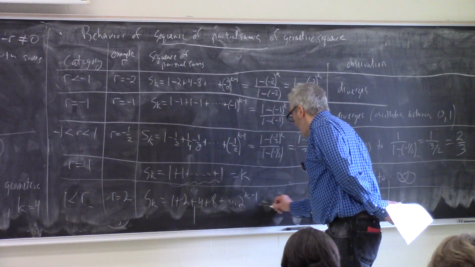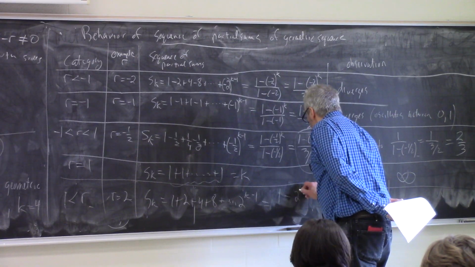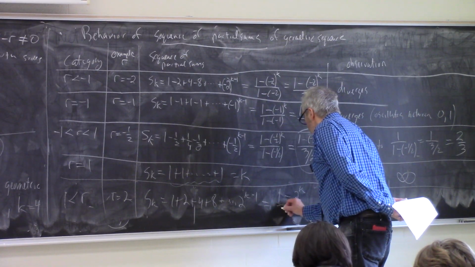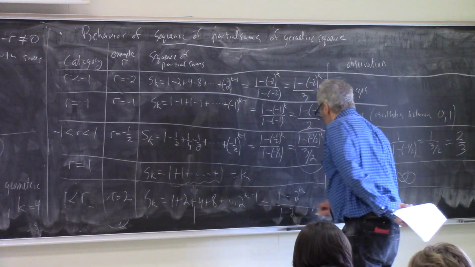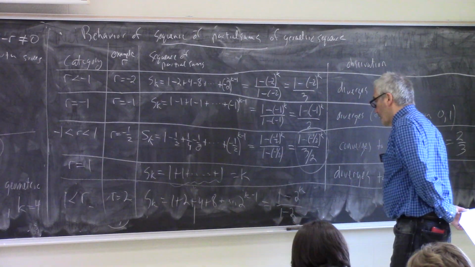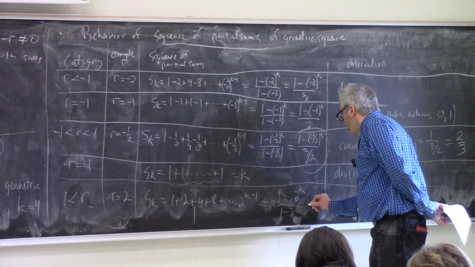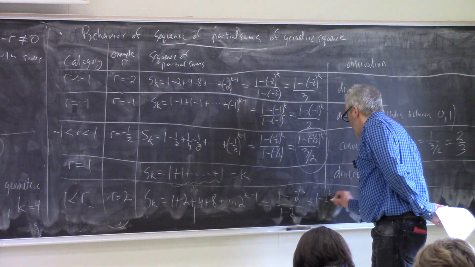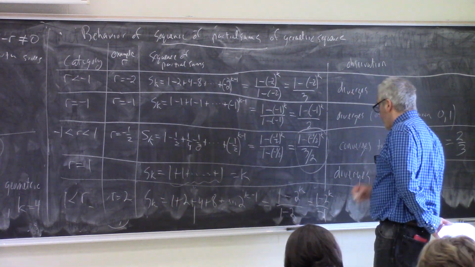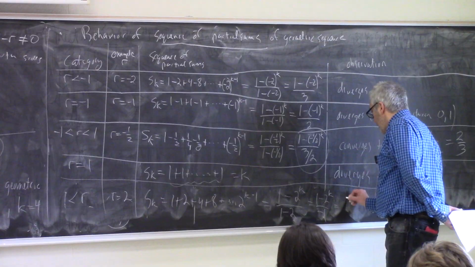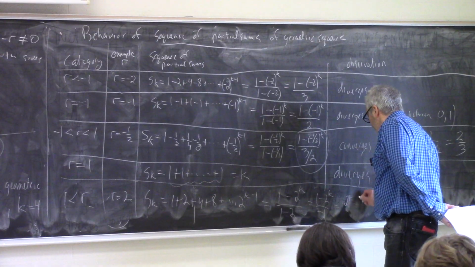And the value of that would be (1 minus 2 to the k) over (1 minus 2). Now that's 1 minus 2 to the k over minus 1. So I can just multiply top and bottom by minus 1, and I get 2 to the k minus 1.